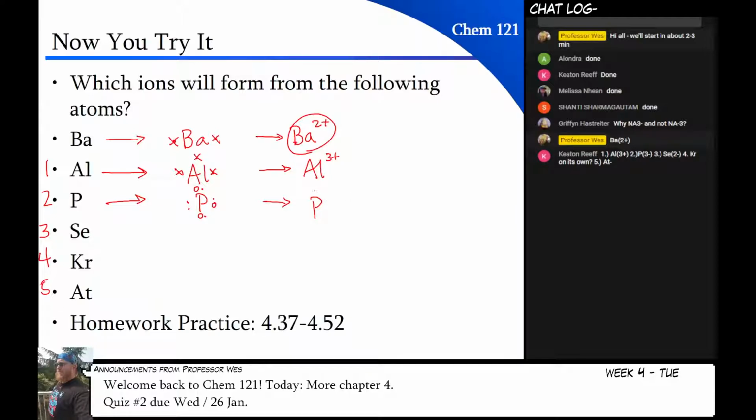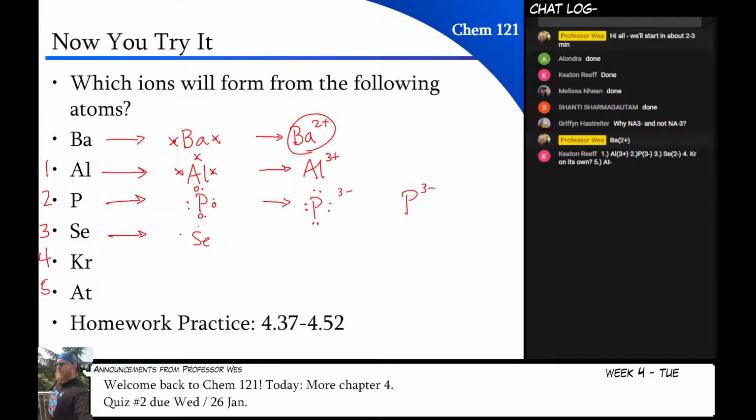And so that would look like this. So 1, 2, 3, 4, 5, 6, 7, 8 has an octet with a 3- charge. So I'm drawing the Lewis symbol. I drew all the electrons. But if you just did this, that's fine.